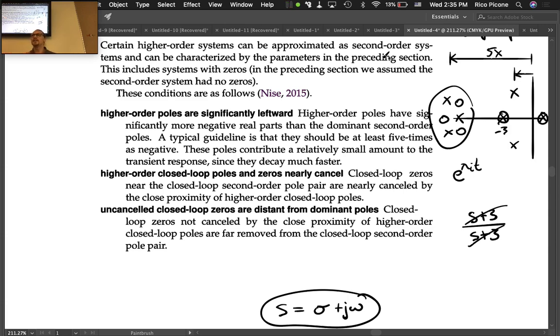Okay, excellent. If that is perfectly true, if you have the second order approximation that's actually a second order system with no zeros, then you're going to get that settling time you expect, exactly. But maybe it's just an approximation, and instead of 3 seconds or less, you're going to get 3.5 seconds or 5 seconds for settling time.